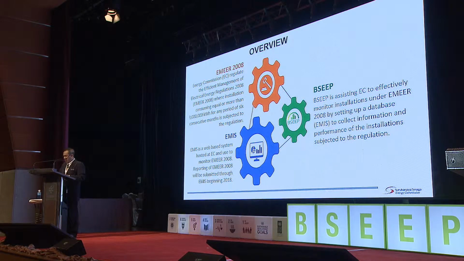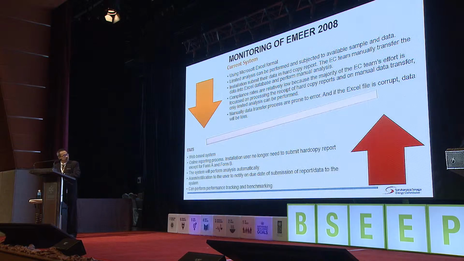BSEEP is the one who assists the EC in effectively monitoring the installations under EMER. As I mentioned previously, currently we are using a very conventional method of monitoring, but we hope with EMIS we can do it much better.